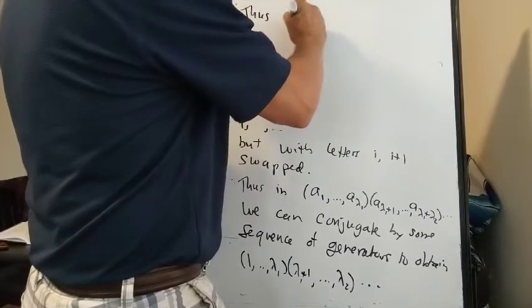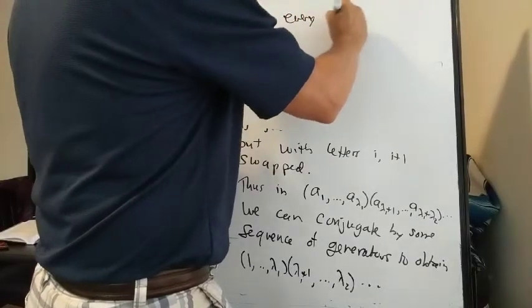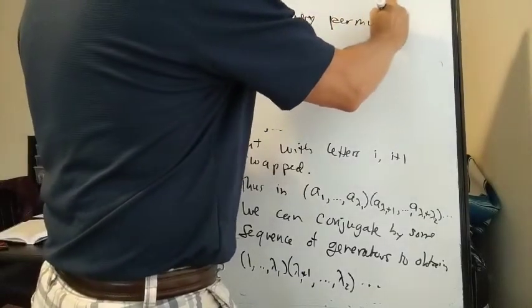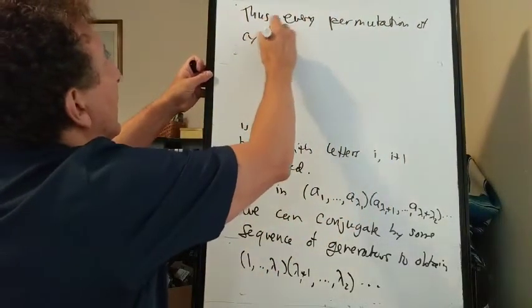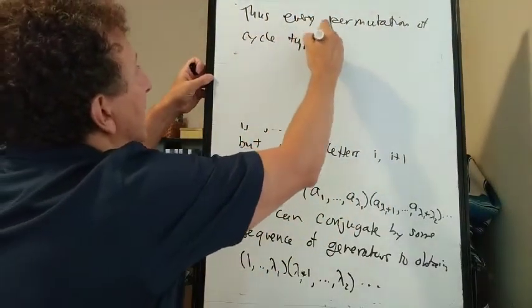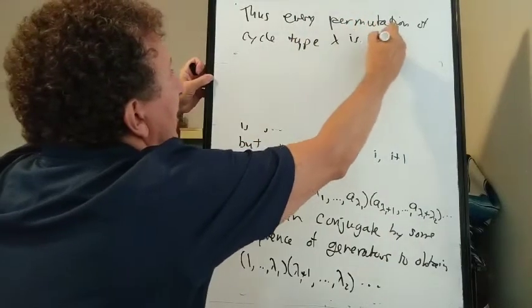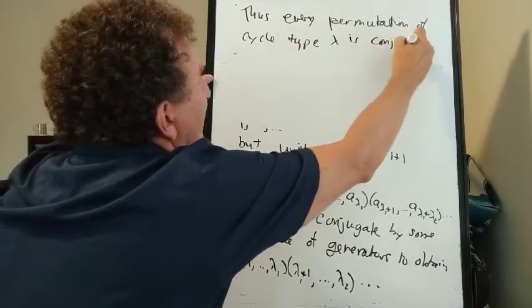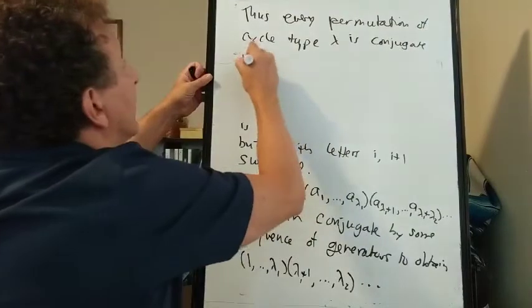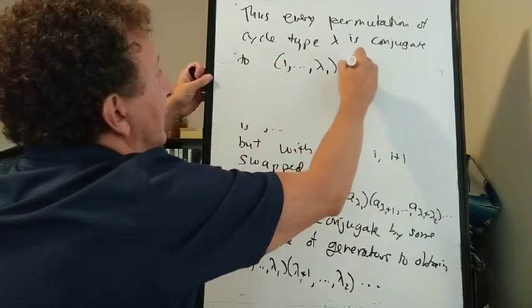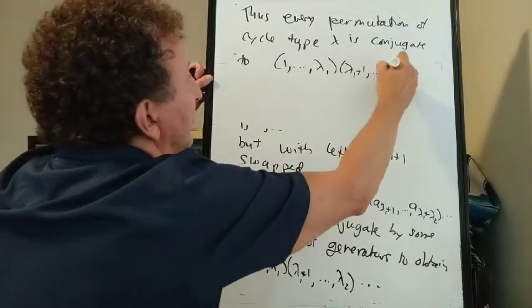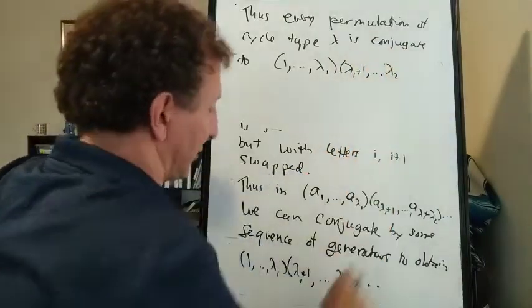So that means that every permutation of cycle type lambda is conjugate to the special one, 1 through lambda 1, lambda 1 plus 1 through lambda 1 plus lambda 2.